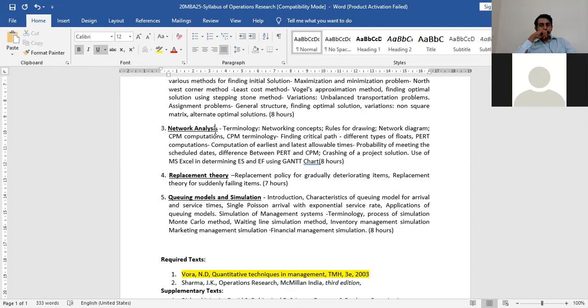What about the internal component, internal assessment? Assignments? Assignment, yes, in 1 week or so, I will let you know about it. What will be the assignment? In another 1 week or so, I will let you know.